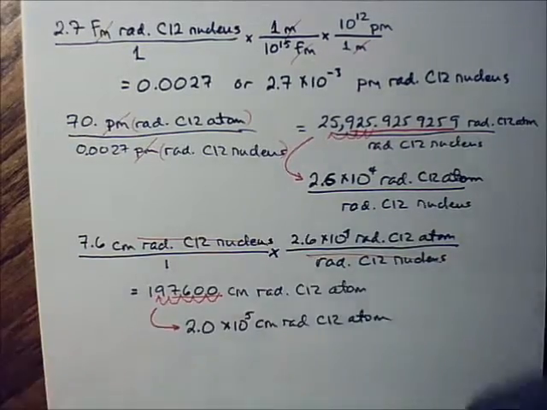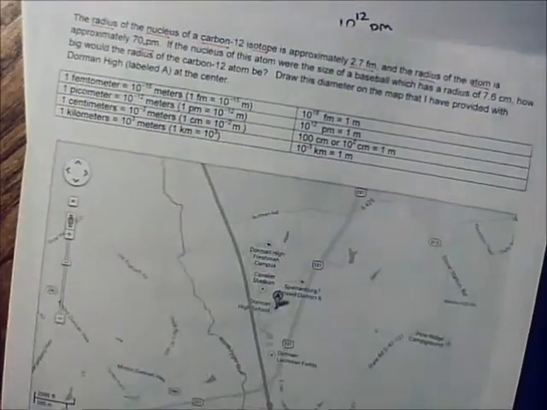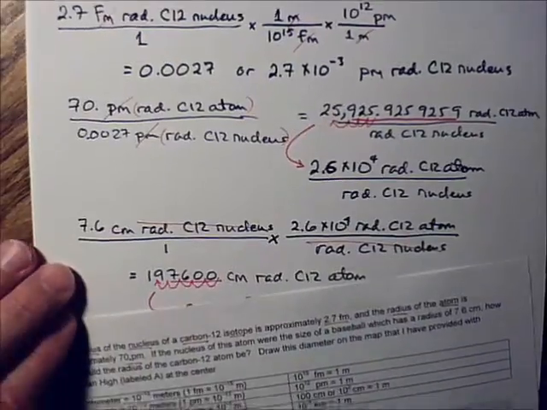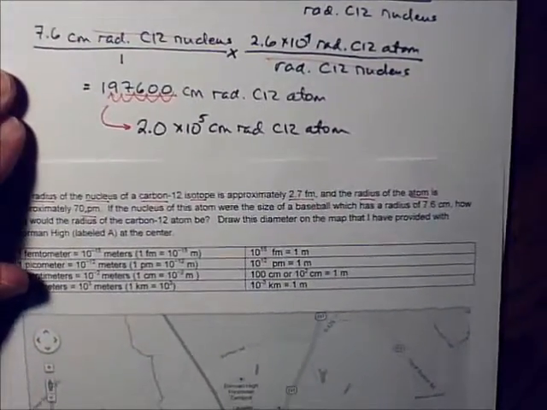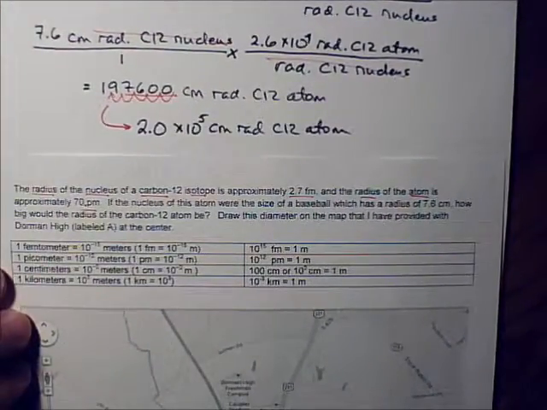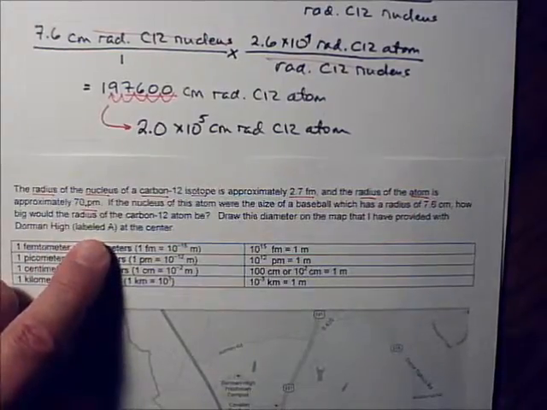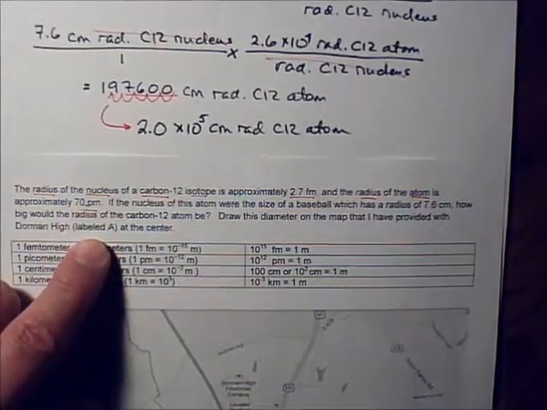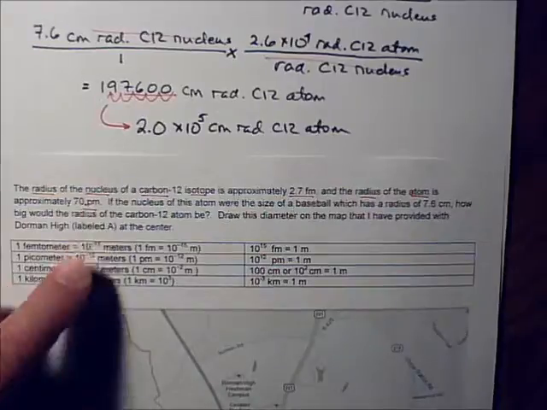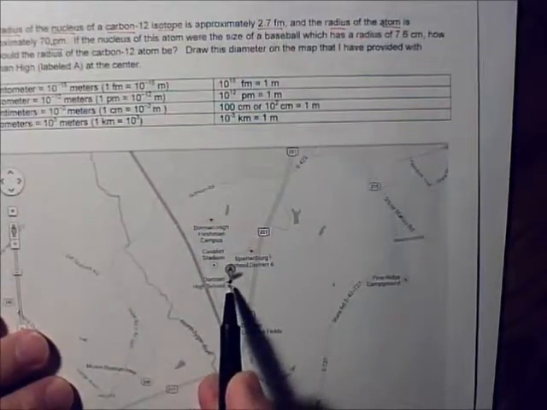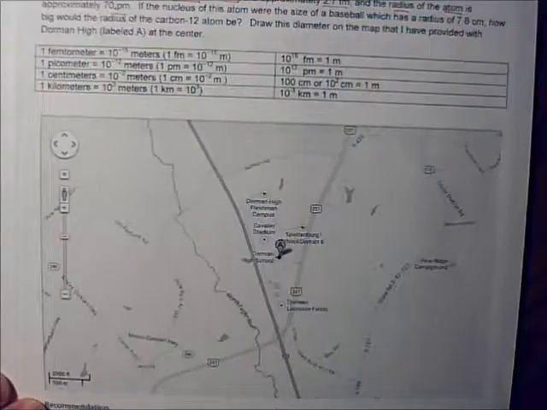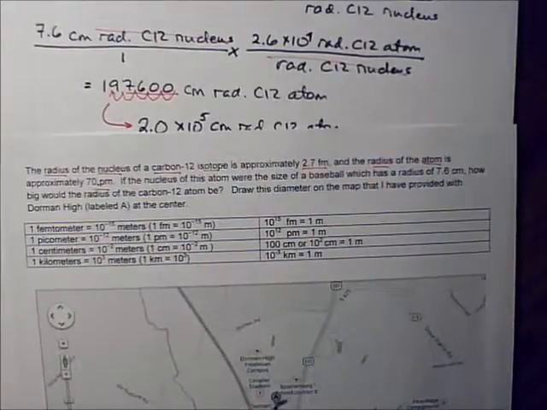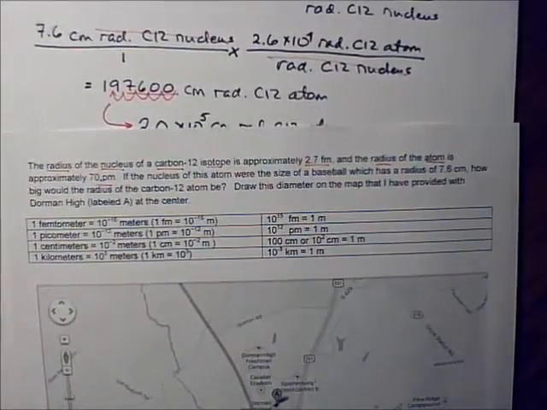Now, what the question tells you at the bottom is, draw this diameter on the map where Dorman High, labeled A here, is at the center. So that's where our baseball-sized nucleus is going to be, right there where A is. But this map has measurements in meters, 500 meters over here. That's the only measurement we have for distance.